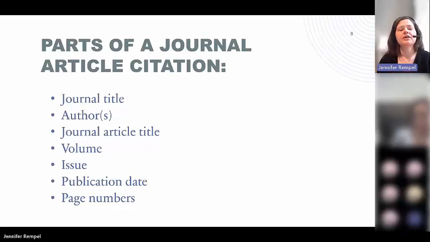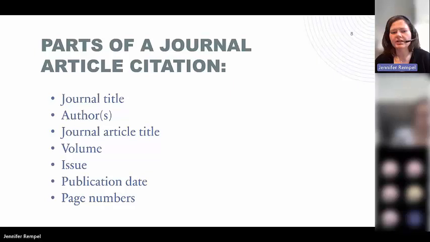You want to distinguish what the title of the journal is in which an article was published. Of course, you want to know the authors of the article, and the title of the article itself. The journal title and journal article title often get mixed up, so you want to make sure you have those clear in your mind. And then volume, issue, publication date, and page numbers.